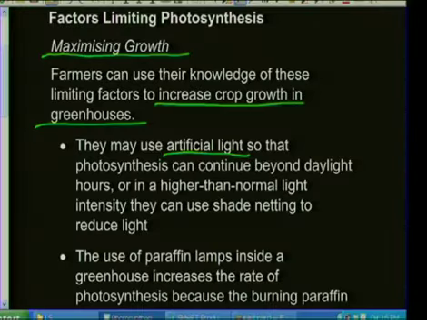First of all, they may use artificial light so that photosynthesis can continue beyond the daylight hours. In other words, the plant is fooled into thinking it's daylight all the time, instead of when the sun goes down, no more photosynthesis. Take countries like the United Kingdom. In winter, their days are very short.